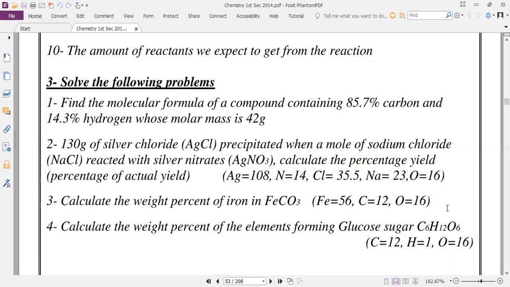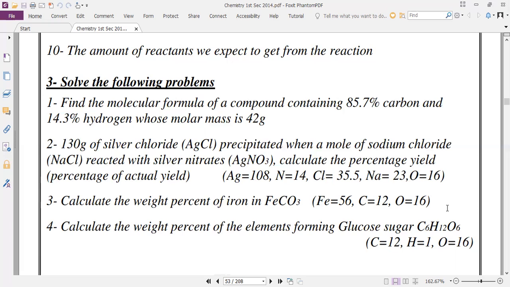Lovely. Okay. Question number 2. I will get the mole of sodium chloride, then the mole of silver chloride. Then I will get the practical yield, then the theoretical yield. Then the percentage yield. The practical will be 140 grams.